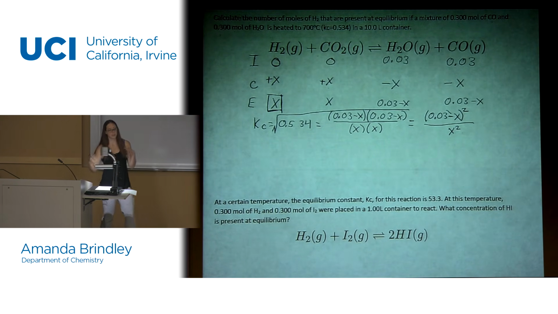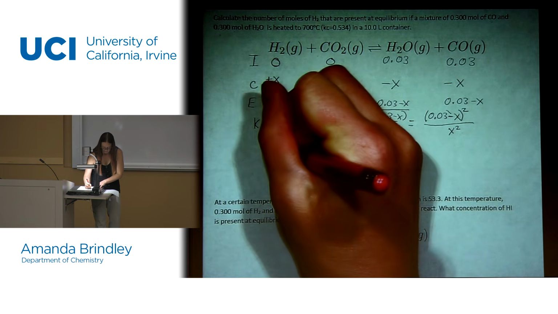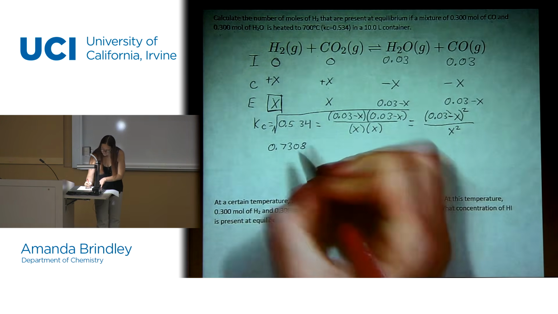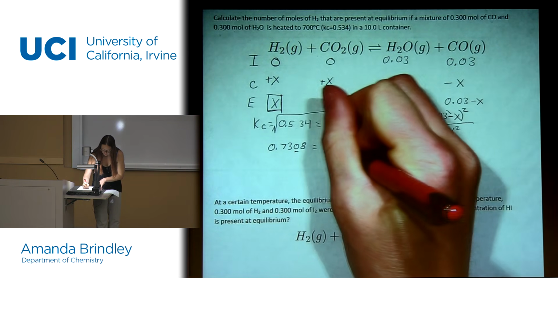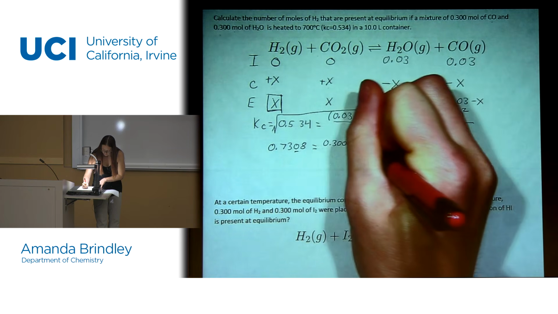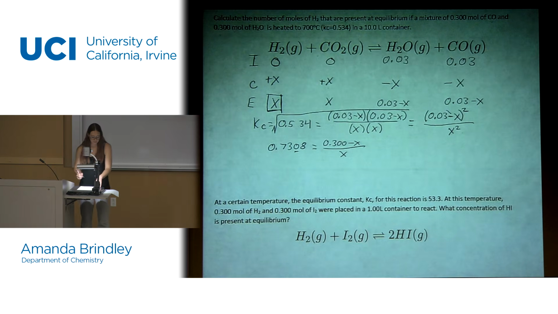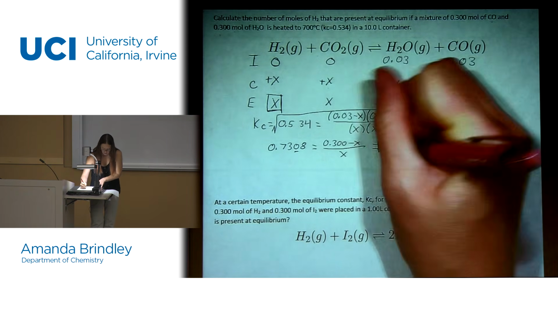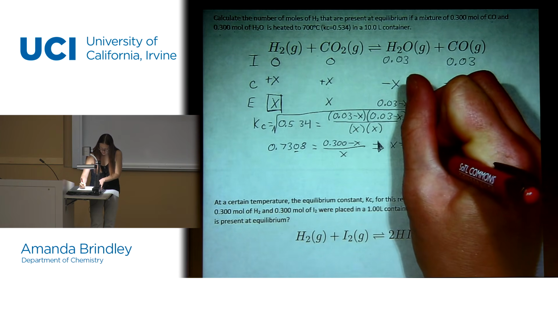I wrote this question in a way that we could use that little trick. And I'm not going to do all the algebra out. I will trust that you can do it, and if you can't, you can come talk to me in office hours and I'll show you how you get it.